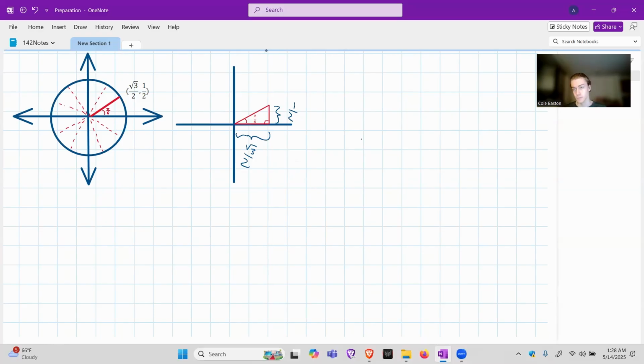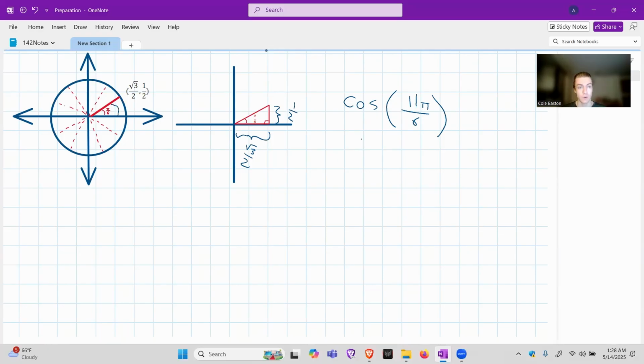So let's do an example and let's try to find cosine of 11 pi over 6. Okay. So these thirds of quarters, right, are sixths of our upper circle, which has an angle of pi. So each one of those is pi over 6. So we're going to count 11 of those.